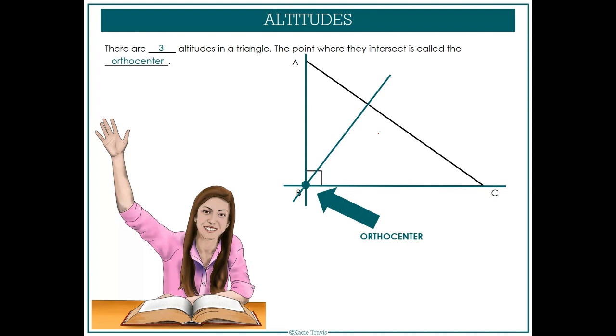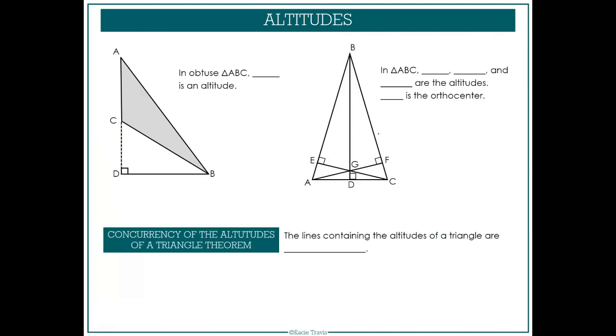Now, along with these, we also have another set of theorems and a bit more information. So let's go through and take a look at the right side of our paper. So in an obtuse triangle ABC, BD, this line outside of the triangle, is an altitude. So not every time that we have an altitude will it be inside of the triangle.